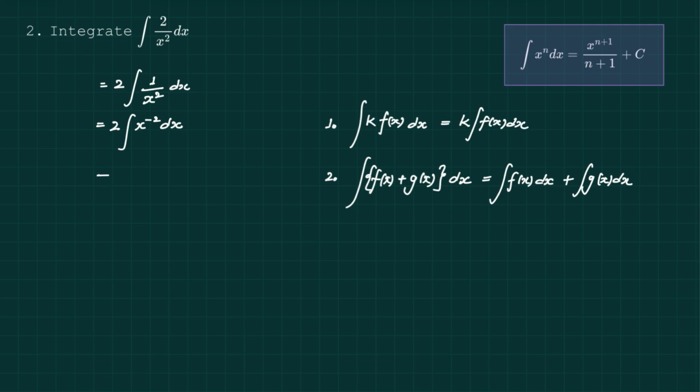So using the formula, it will be 2 times x to the power minus 2 plus 1 divided by minus 2 plus 1 plus constant of integration. So this equals 2 x to the power minus 1 over minus 1 plus c. And hence this can be written as minus 2 x to the power minus 1, which can be written as minus 2 by x plus c.